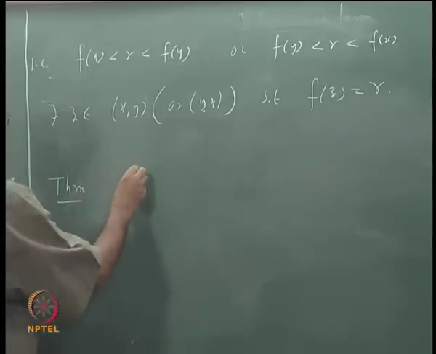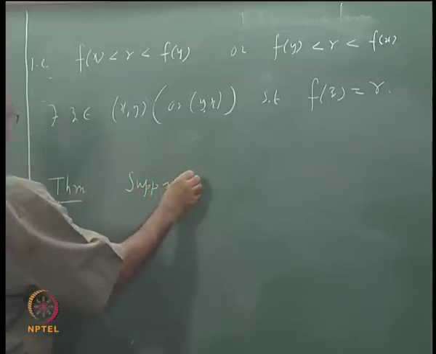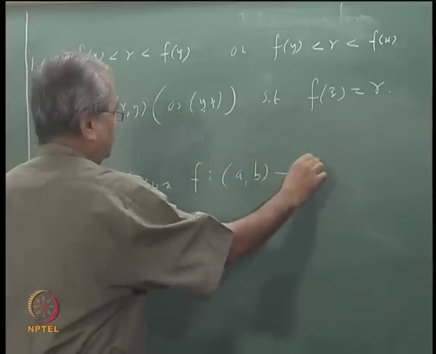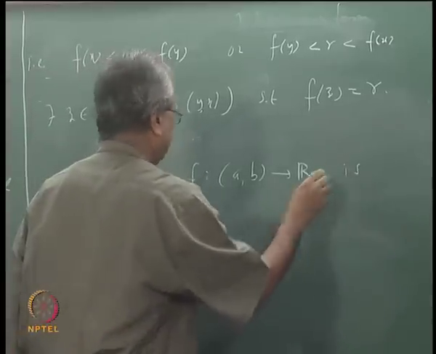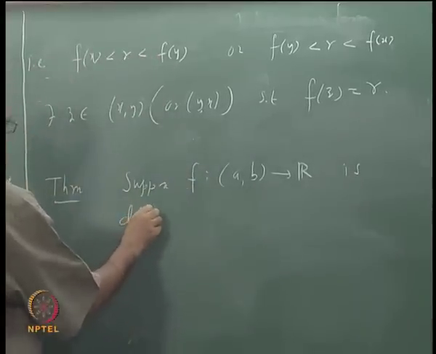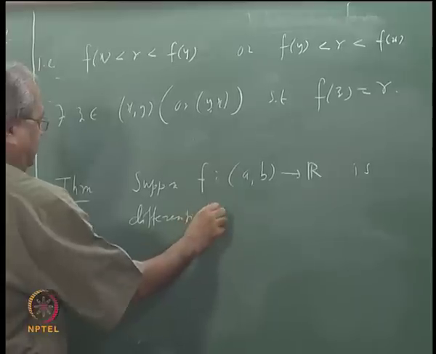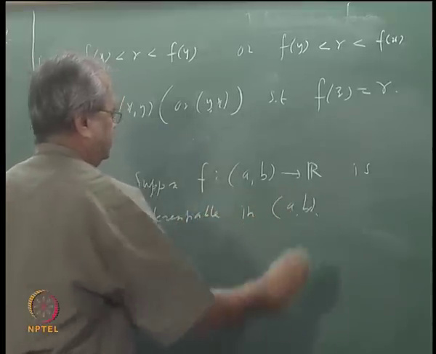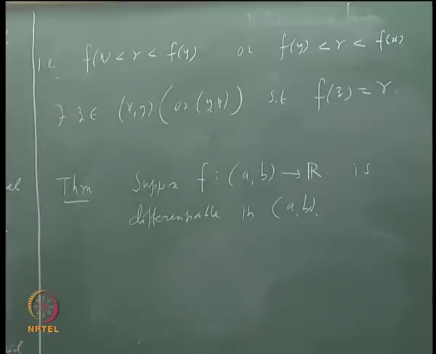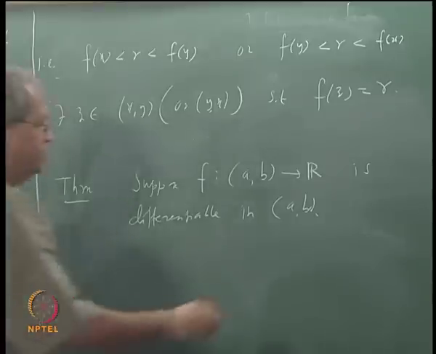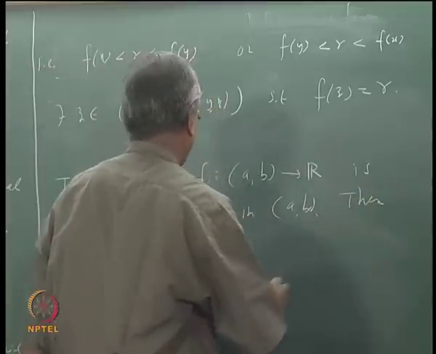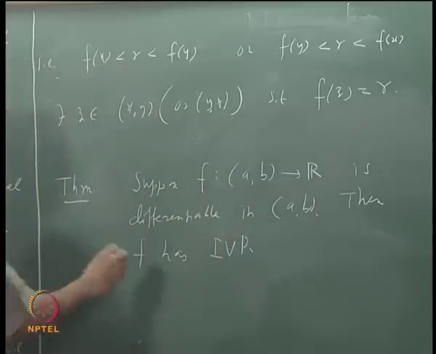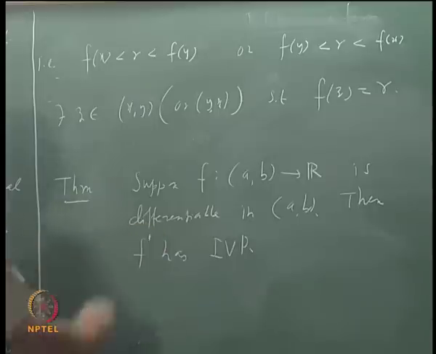Suppose f from AB to R, that is I will take now open interval AB to R, is differentiable in this open interval AB, then f prime has intermediate value property.